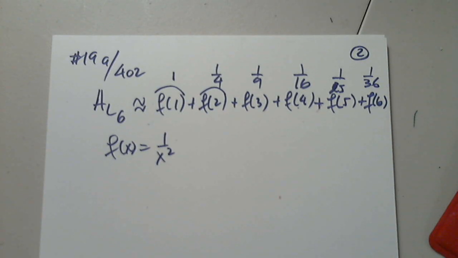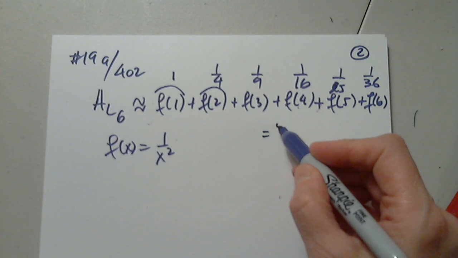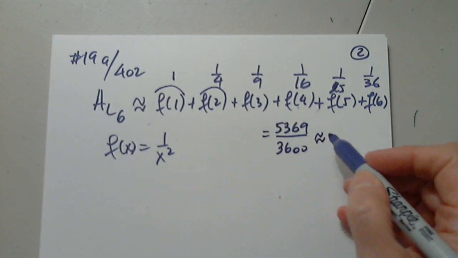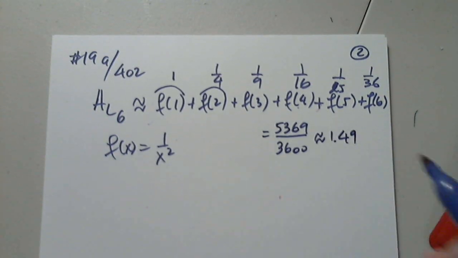Good. So I should be able to change this into a fraction. Ugly one. That's why I didn't want to do it by hand. So 5369 over 3600, and I'll say approximately 1.49.